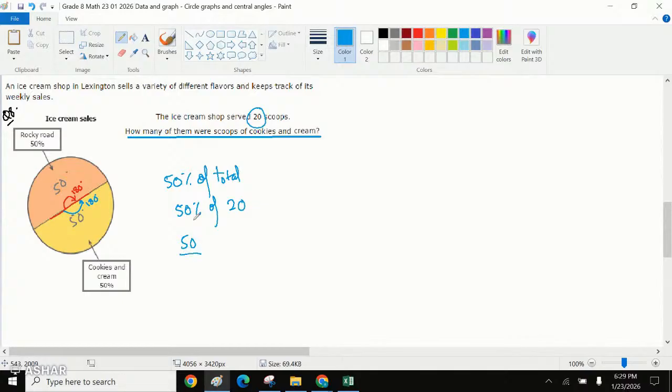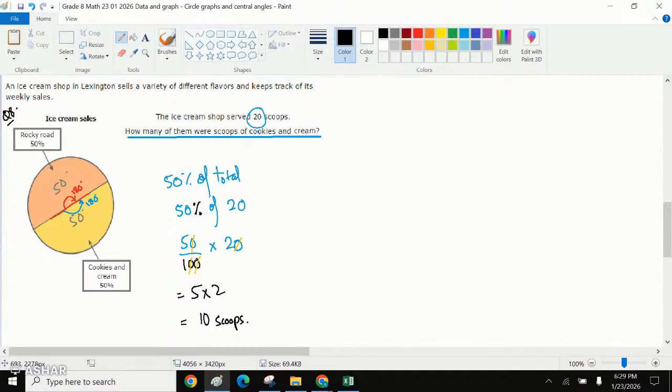Whenever we remove the percentage sign, we divide by 100 and multiply by 20. If we have common zeros, we can cancel them out. And what are we left with? That means 10 scoops for cookies and cream. Do we agree on this?